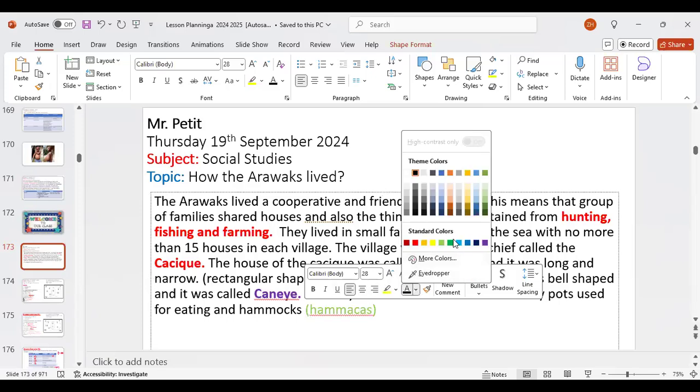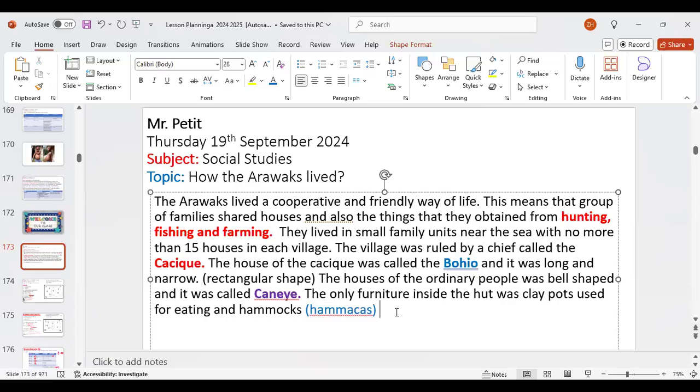Hammockus. Made of cotton, used for their beds, right?